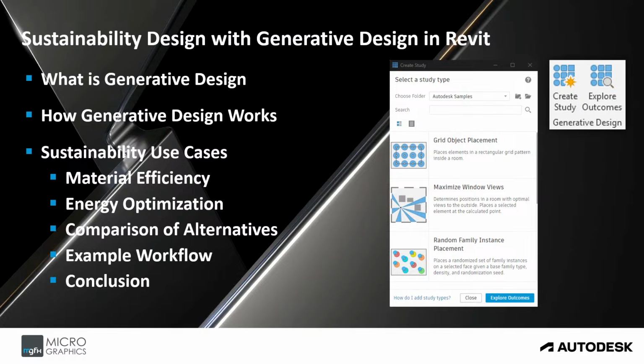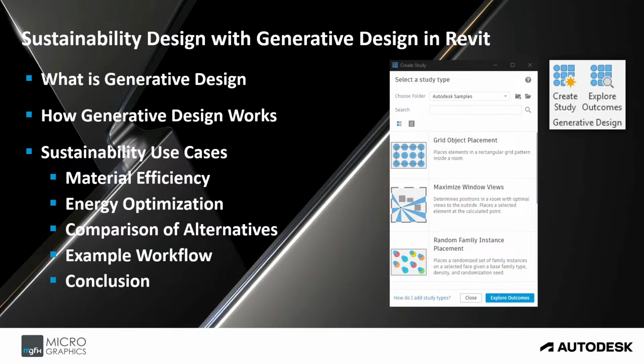For example, sustainability-focused goals might include minimizing material waste, reducing material volume, and optimizing structural components to lower embodied carbon. Optimizing the building's orientation: adjusting the building's orientation and facade design to capture or reduce solar heat depending on the climate needs.